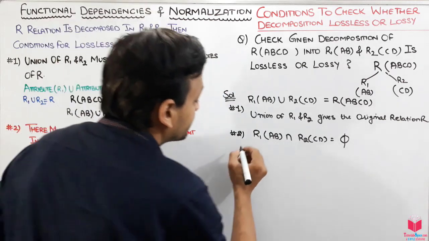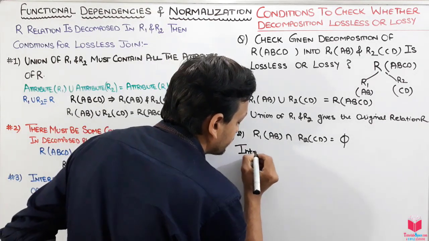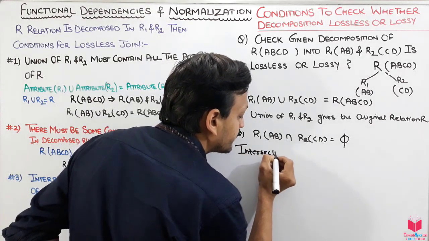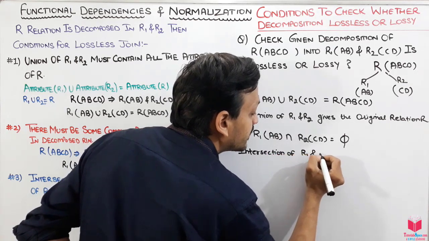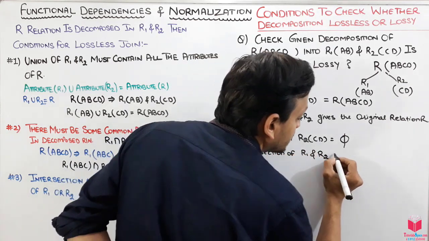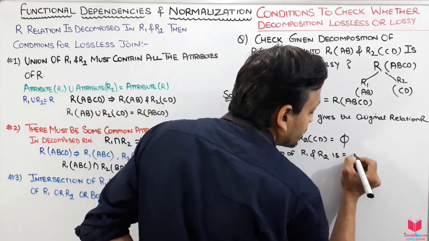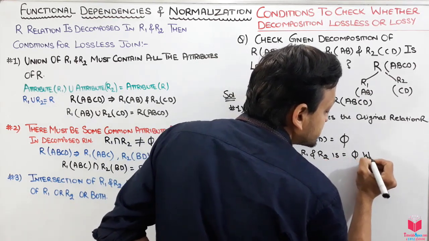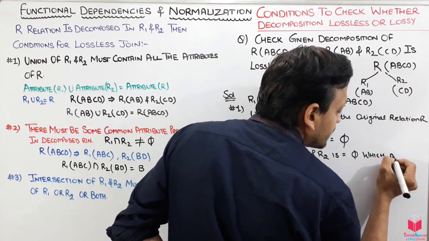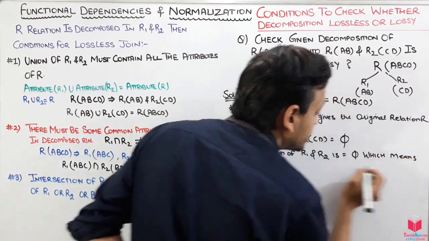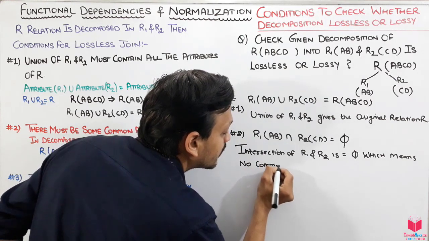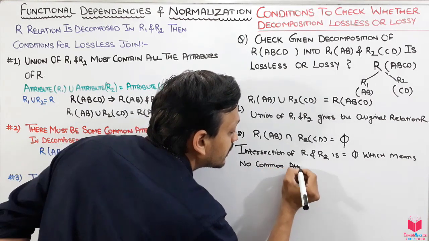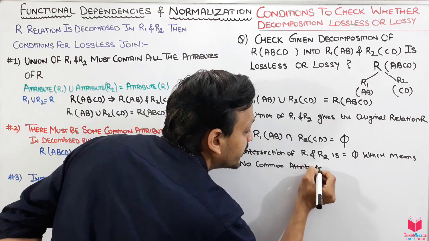So we will say the intersection of R1 and R2 is equal to phi, which means no common attribute.